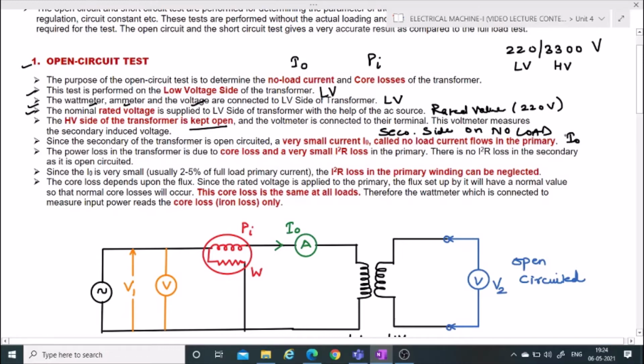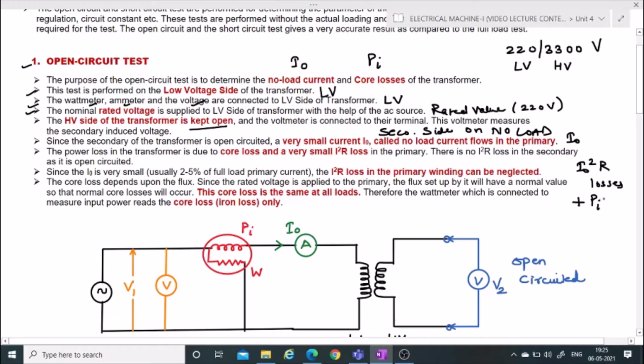Now this no load current will give the I naught square R losses, plus due to the rated voltage we get the maximum flux. This maximum flux will give the maximum core losses or iron losses P_i.